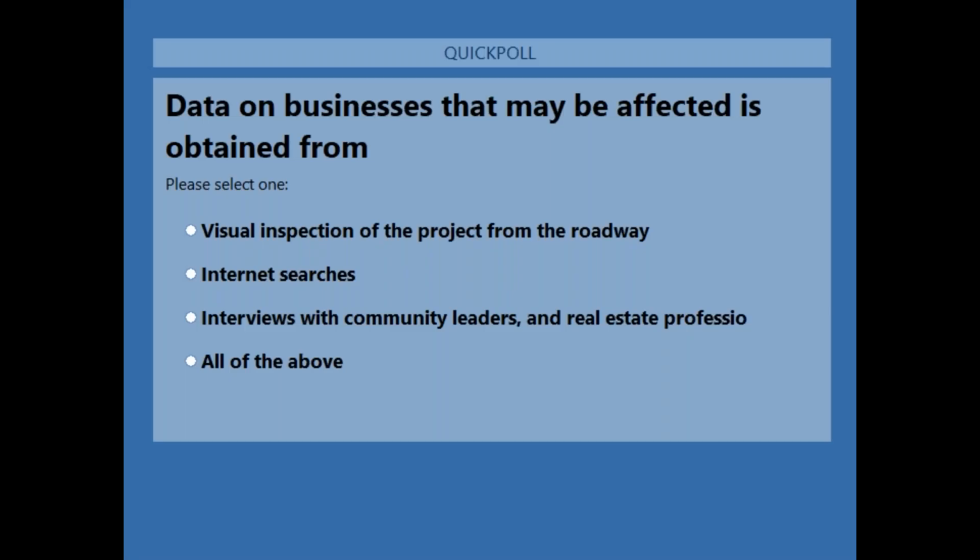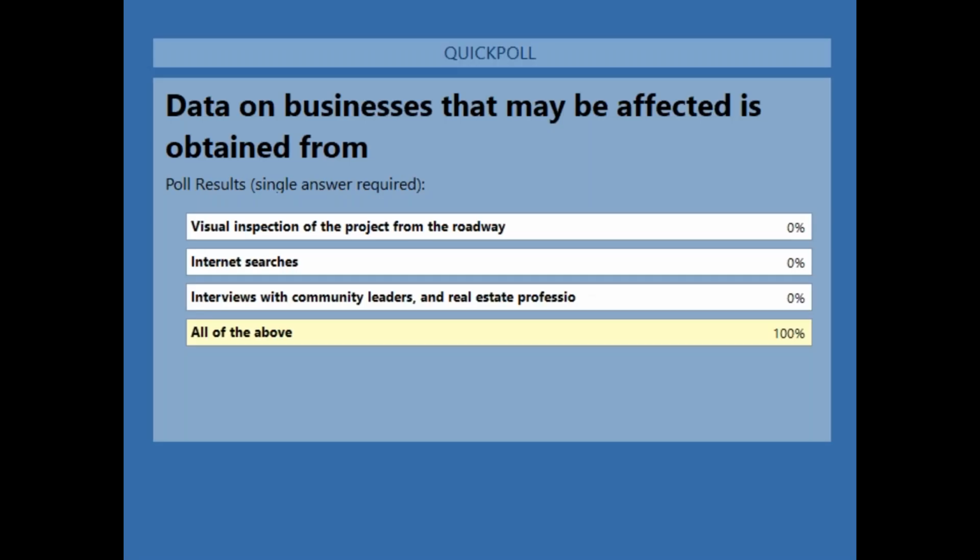Data on businesses that may be affected is obtained from... Very good.